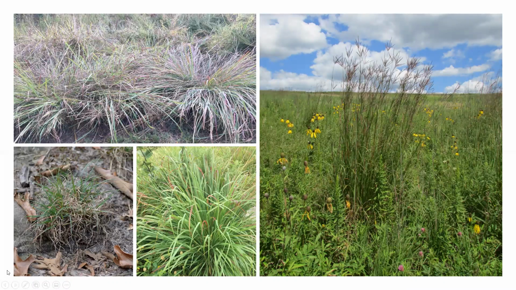Okay, so here are some examples of bunch grasses. Hopefully you can see the habit of those grasses to form those really dense bunches. Sometimes a grass grows in such abundance that you can't tell that it's a bunch grass. Big blue stem, a lot of people don't realize is a bunch grass because when it really gets going and establishes itself in a prairie, sometimes you can't see the individual bunches.